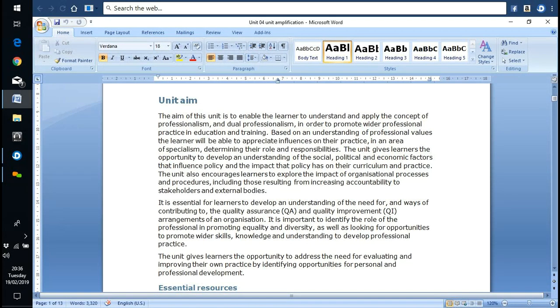The unit gives learners the opportunity to develop that understanding of the social, political and economic factors that influence policy and the impact that that policy has on the curriculum and practice. The unit also encourages learners to explore the impact of organisational processes and procedures, including those resulting from increased accountability to stakeholders and external bodies.